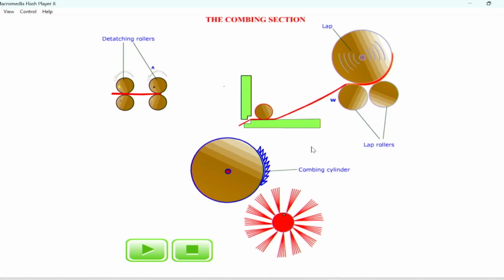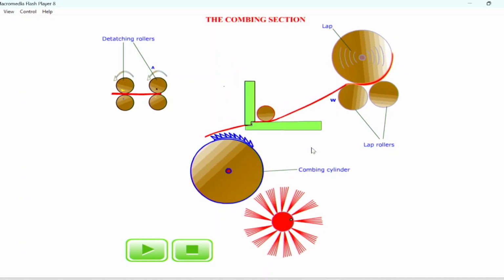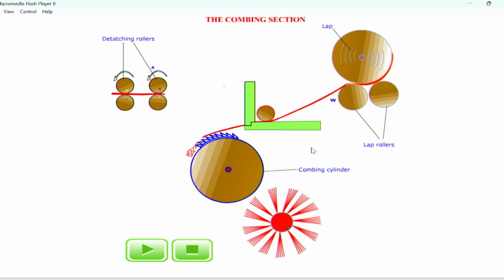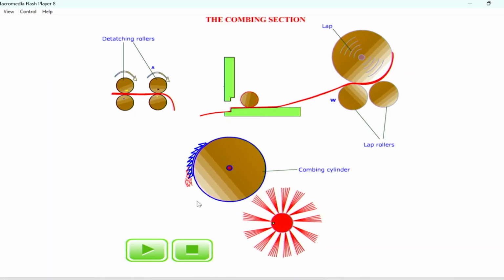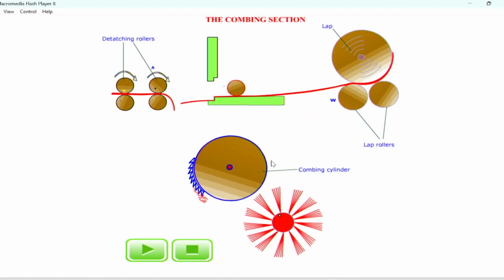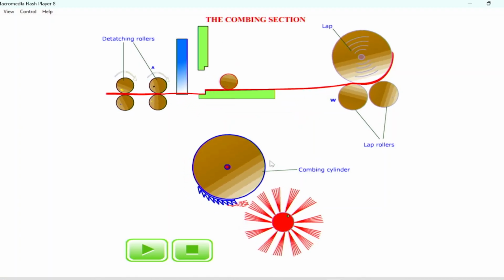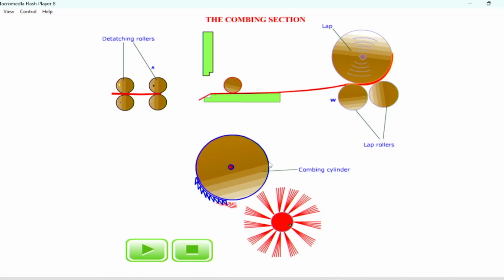In this way, the combing takes place. The leading portion of the fringe is combed by the cylinder comb, and then overlapping takes place.